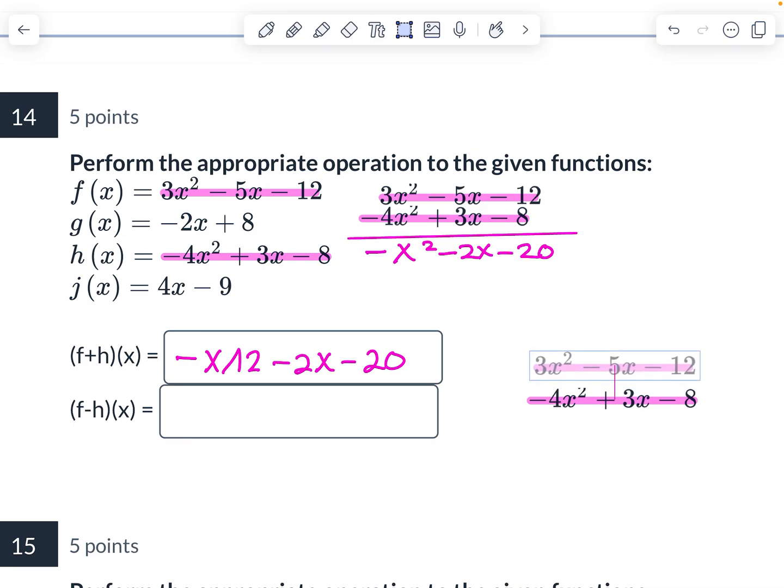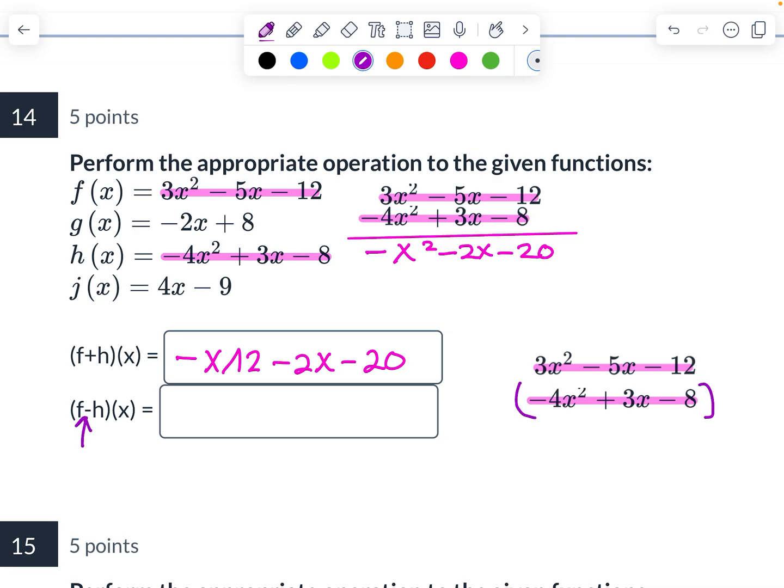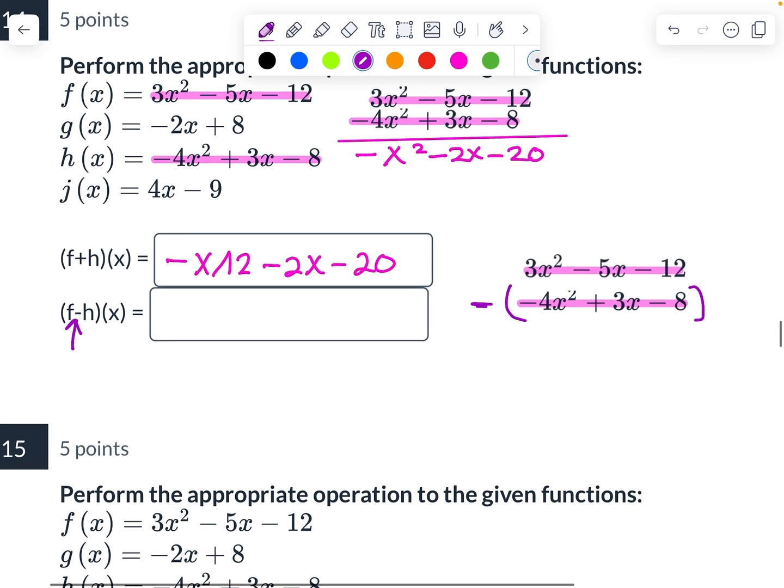But here's the issue with this, friends. The issue with this is it says minus. We were doing this in, let's do it in purple. This right here says minus. So we have to take all of this and subtract it.